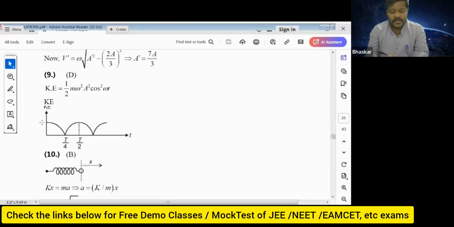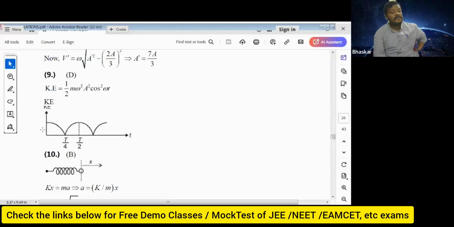Suppose at the center, at time t equal to 0, the velocity becomes maxima. Which means KE is maxima, kinetic energy is maxima at time t equal to 0. Because time t equal to 0 indicates the equilibrium position, right?